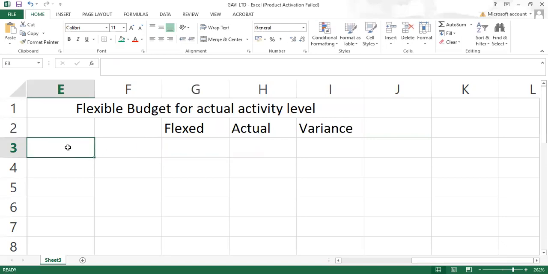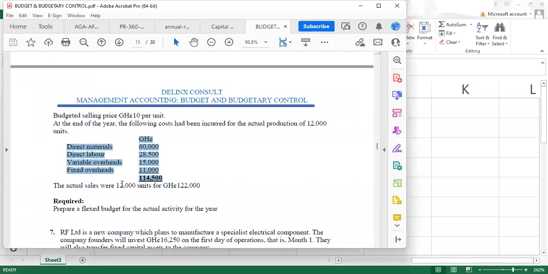So what you do is that you have to put the output level here, or the actual units. So what were the actual units that were sold? 12,000.